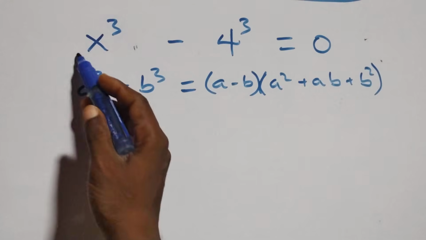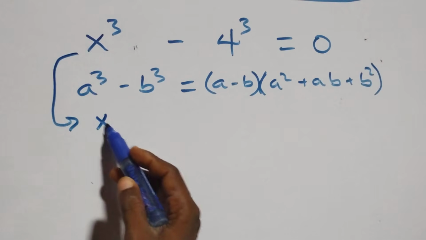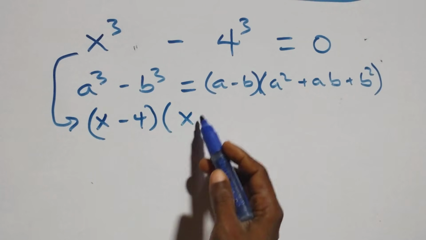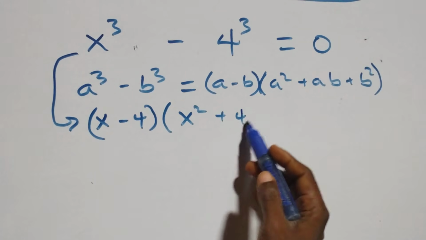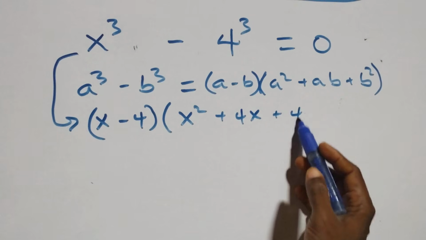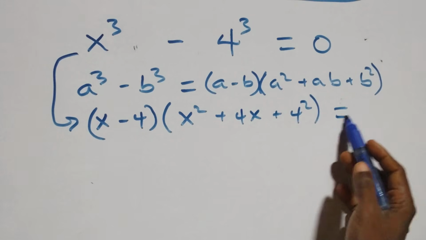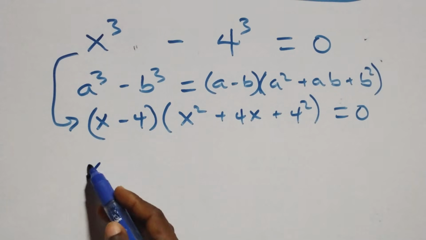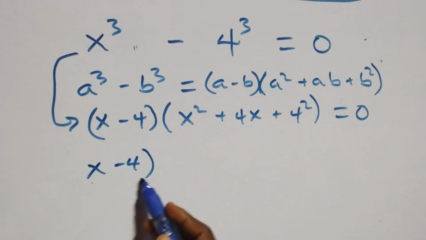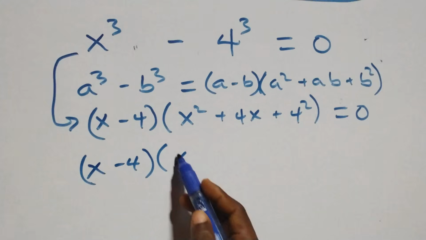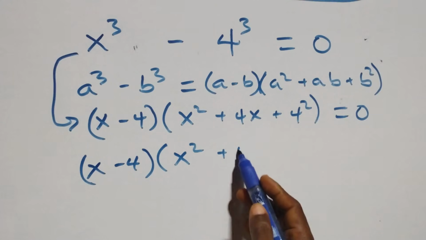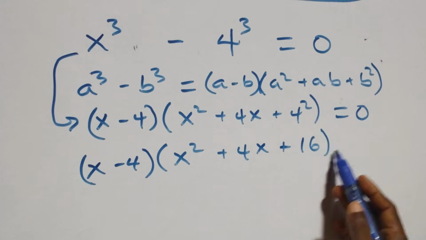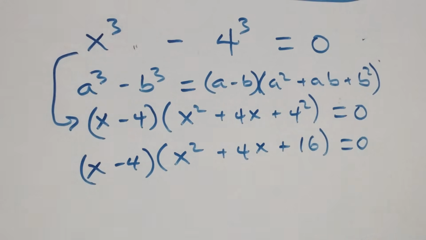That is, all we have becomes x minus 4 into open bracket x squared plus 4x plus 4 squared, close bracket, equals 0. This is the same thing as x minus 4 into open bracket x squared plus 4x plus 16, close bracket, equals 0.